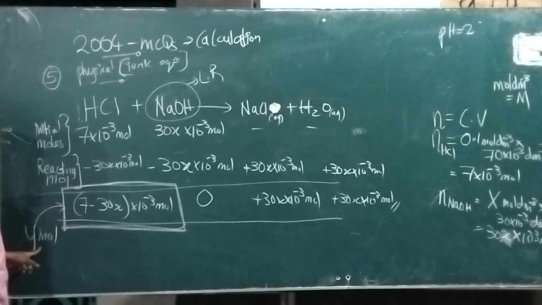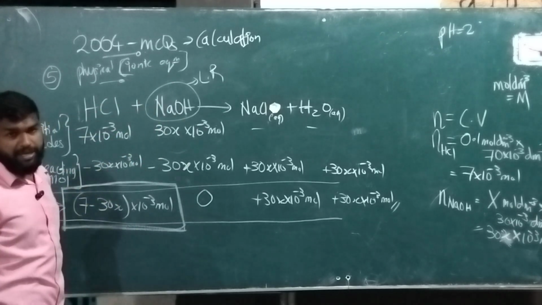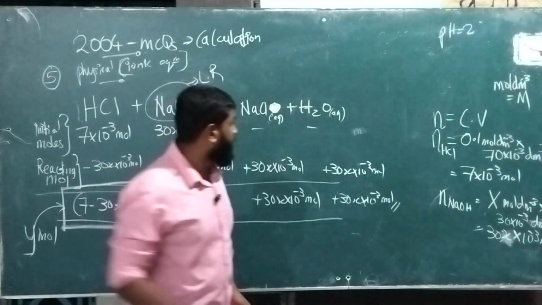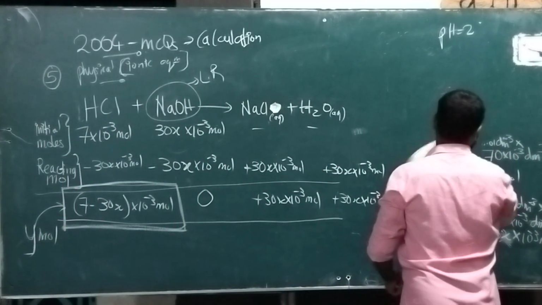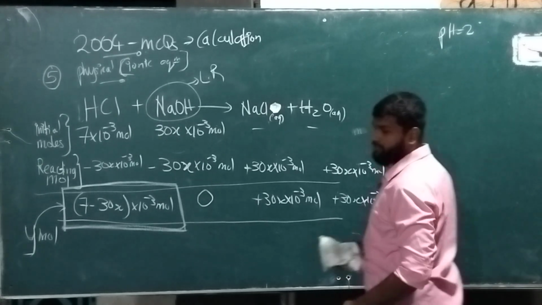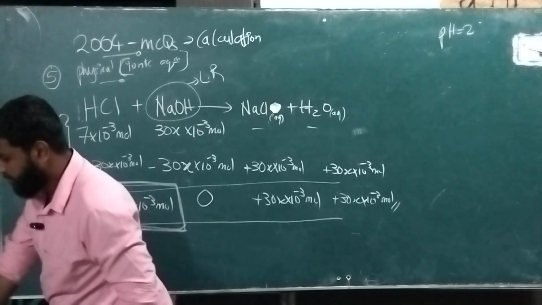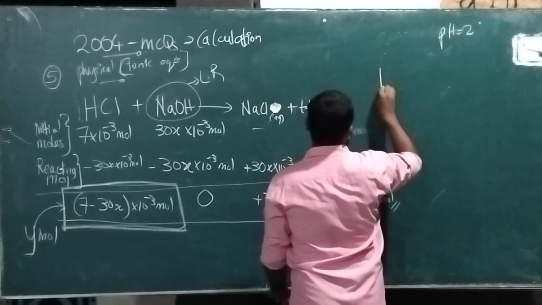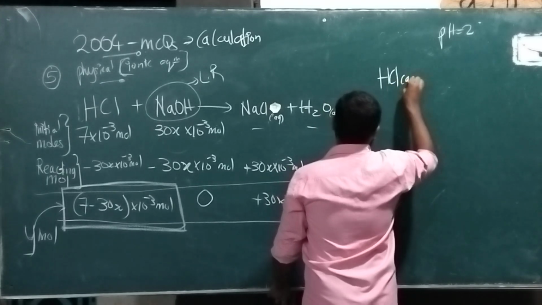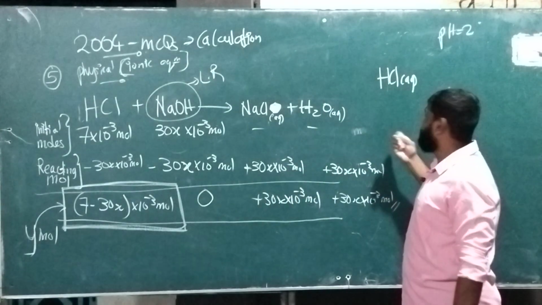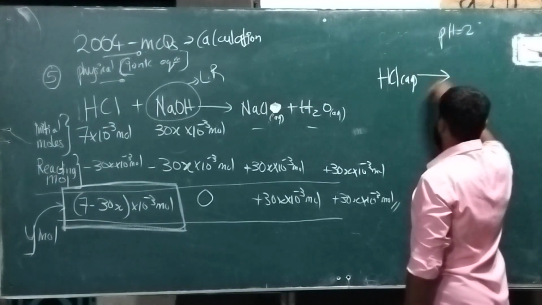Or what you can do is bring this to the reaction that I'm going to do. Now see here. Currently we have HCl aqueous, which is in excess. As I said, this is a strong electrolyte. This will break.